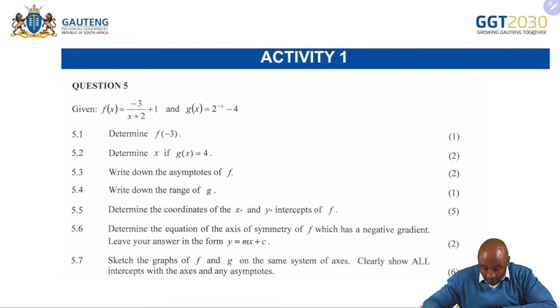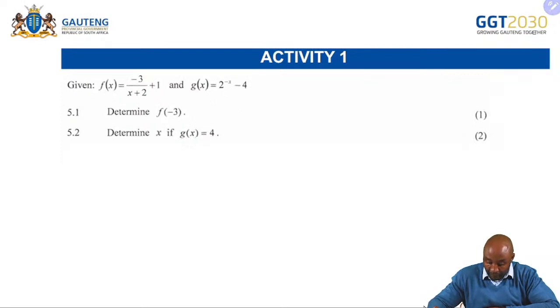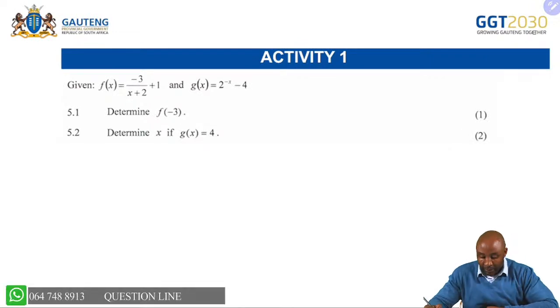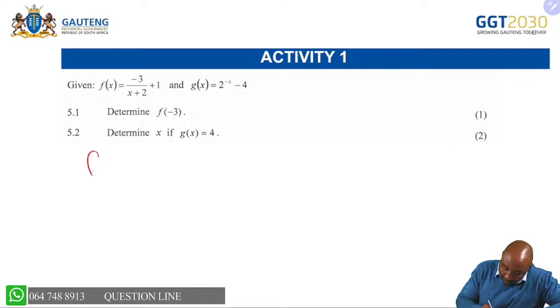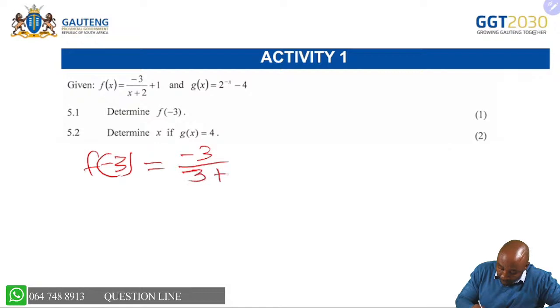Right. I hope you have attempted to solve what you can. Now, in most cases, our questions on functions come combined. You will find out that you'll be given a question like this. To determine our f of negative 3, we know that f of negative 3 becomes negative 3 over negative 3 plus 2, plus 1.